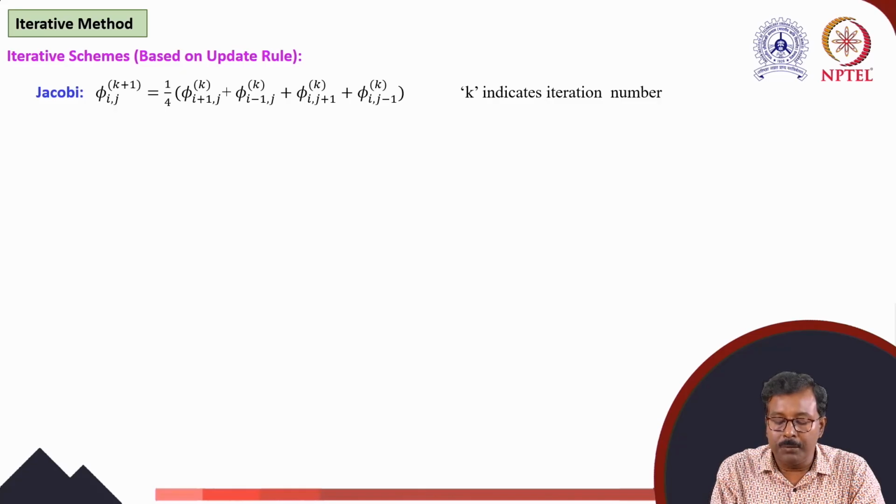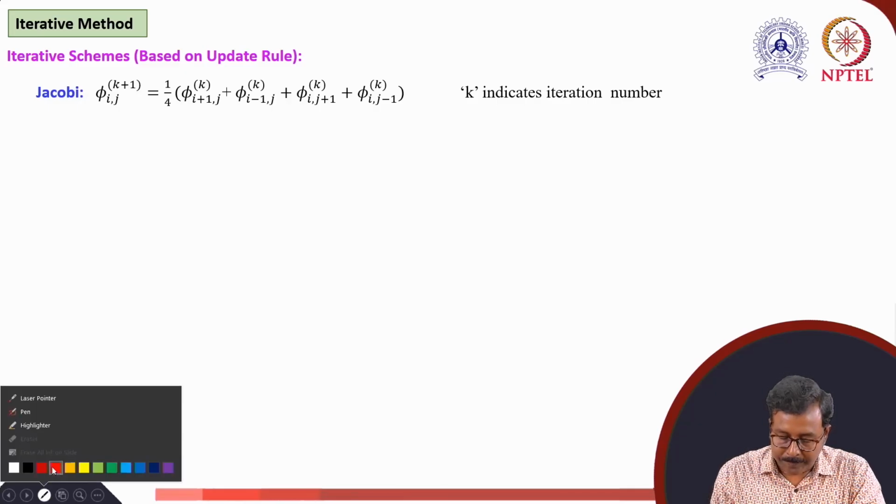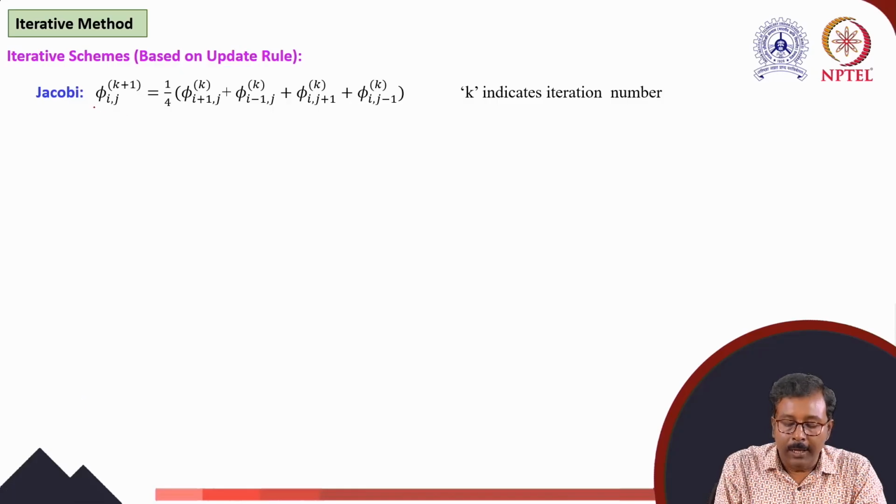So all these values from the previous iteration are used to compute the new value of phi ij at this node. And k indicates the iteration number.